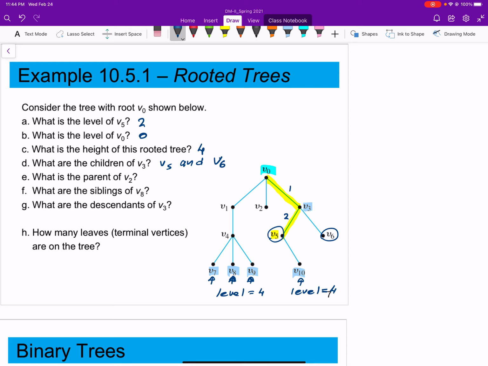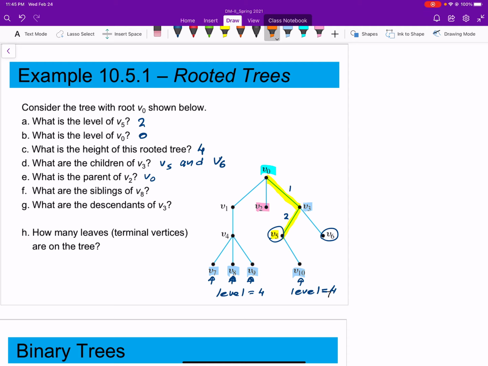Okay, V5 and V6. And then what is the parent of V2? This is V2. The parent of V2 is V0. It is V0.